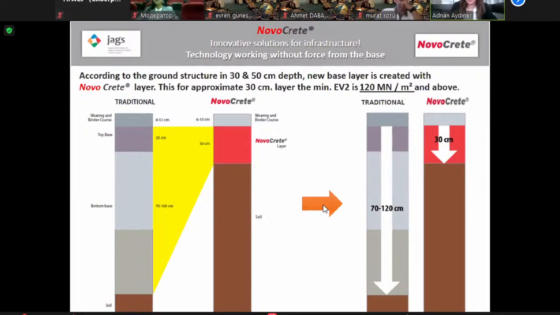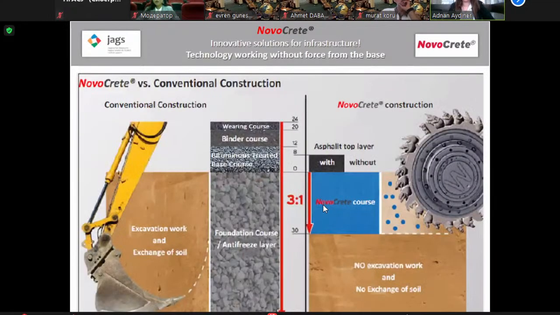In conventional construction, you need foundation course, bitumen treated base course, binder course, bearing course, but we eliminate most of them, and there is no need for base and sub-base layers, or you can decrease the layers of sub-base and base.